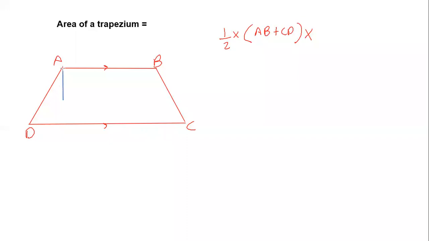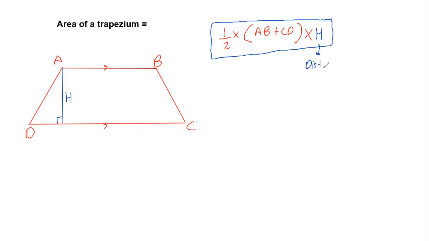The distance between the parallel lines is nothing but the height of this trapezium, I can say H. So the area of a trapezium is half into sum of parallel sides into the distance between them. Very basic formula.